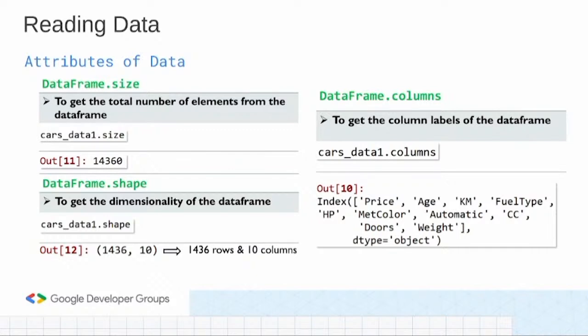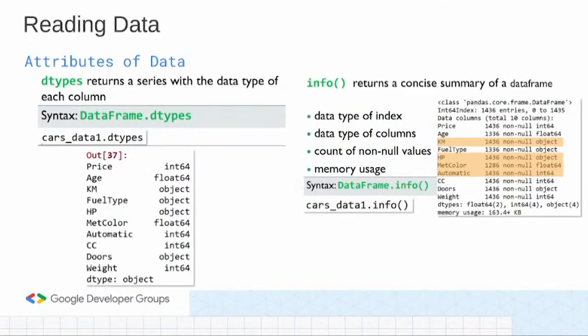You can also get the shape or dimensionality of data frames using dot shape. Here, when we print cars_data1 dot size, it shows that the size of the data frame is 14,360.